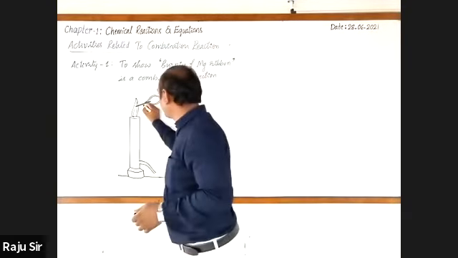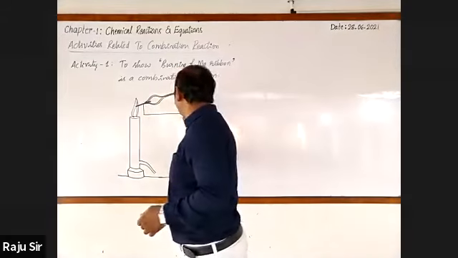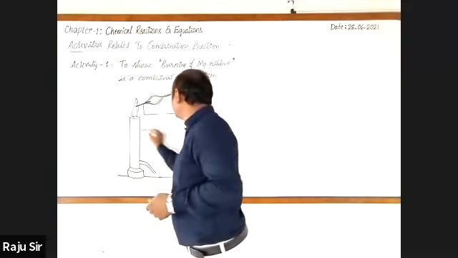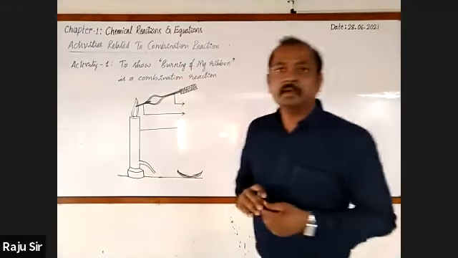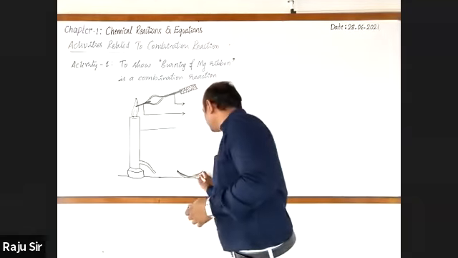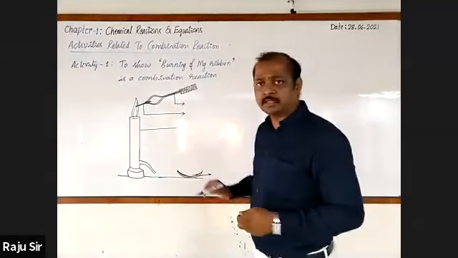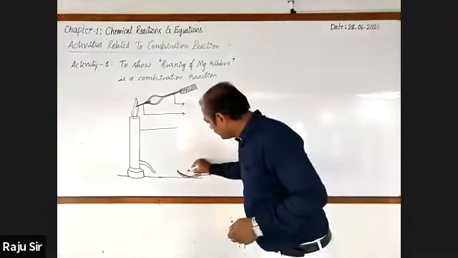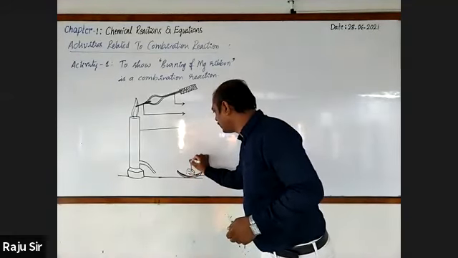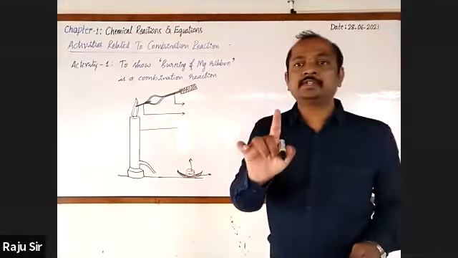This is a magnesium strip. This is a Bunsen burner. Next, this is a watch glass. Here, after that, we get a white powdery mass. This is called magnesium oxide.